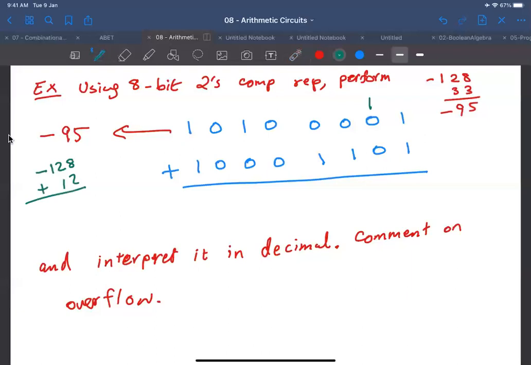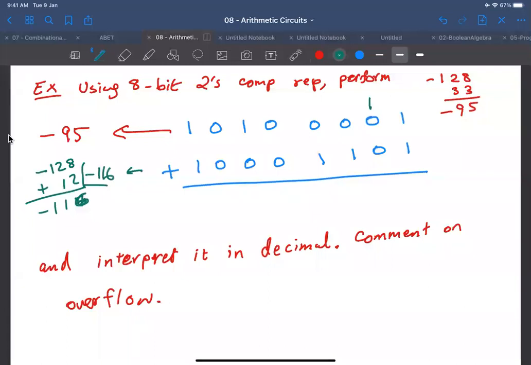So the answer is negative 116. So this one is minus 116.